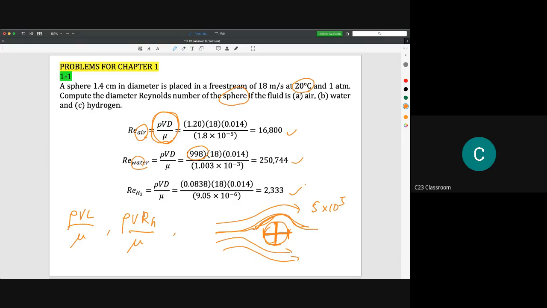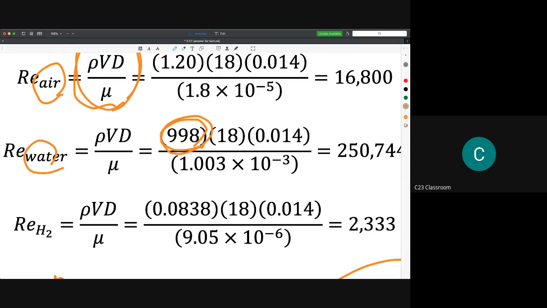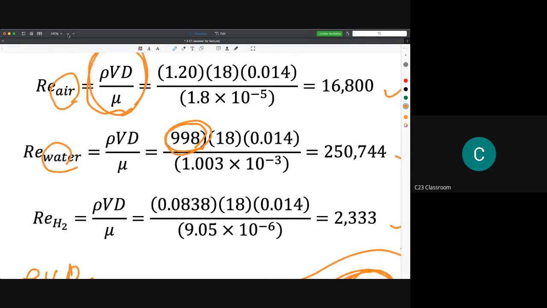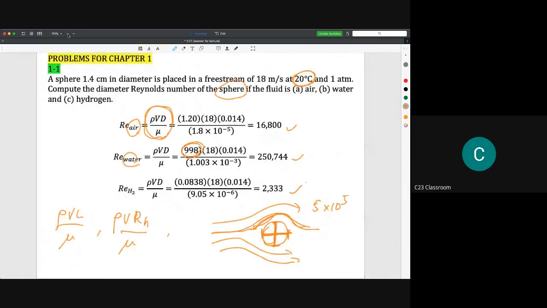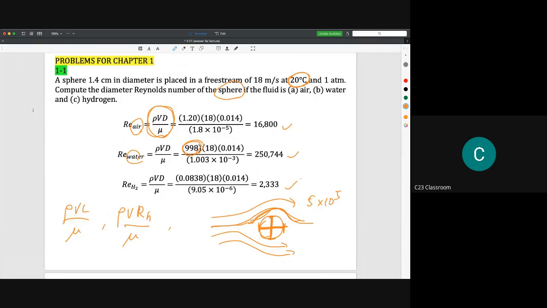If the water is around 20 degrees Celsius, you need to get the correct density for that fluid at that specific temperature. So we could calculate the Reynolds number in air, water, and hydrogen.